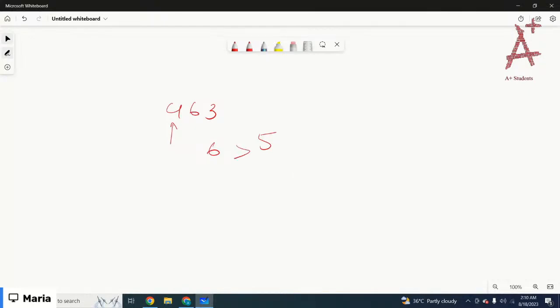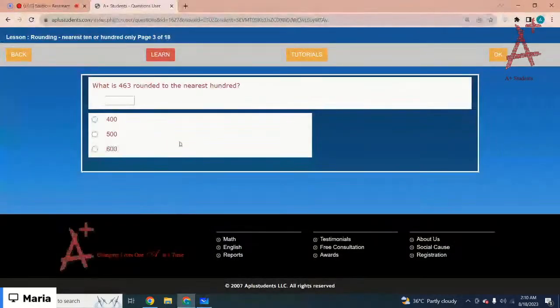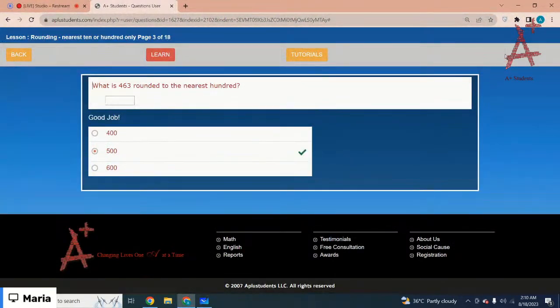That means you have to round up. Round up means 4 plus 1 is 5, and you have to replace the other two digits, so it would be rounded off to 500. So 463 is rounded off to 500. The correct option is 500.